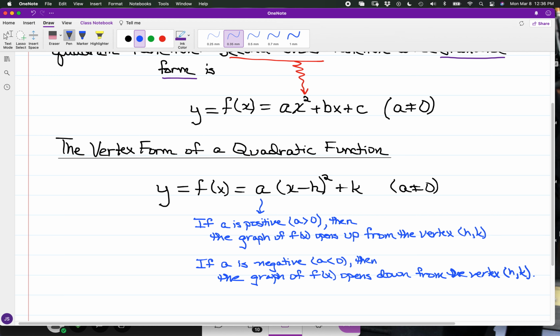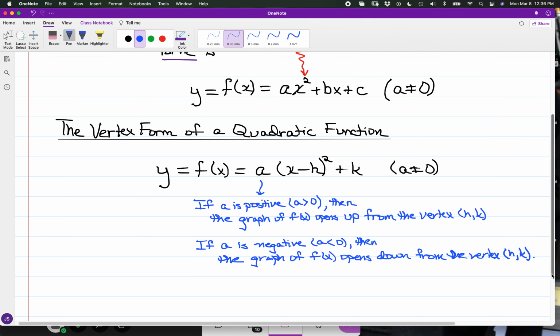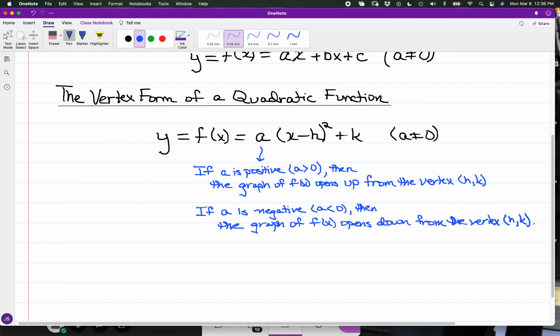Now some features regarding the quadratic function. Whether it opens up or opens down is contingent upon the sign of the leading coefficient a. There's another item, not the graph itself, but used for proportional purposes: the axis of symmetry.